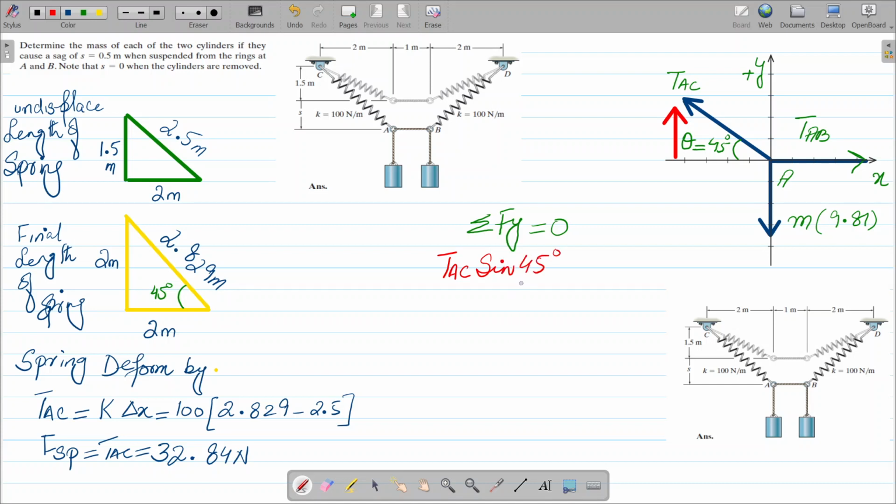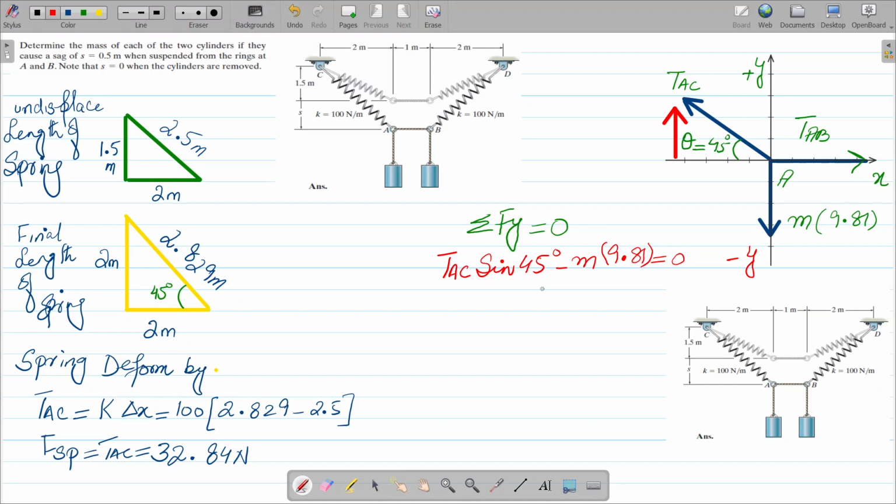And the other force is the weight of the cylinder, which is in the negative y direction. Remember, this is our negative y, so it will be written simply as minus m into 9.81 equals 0.